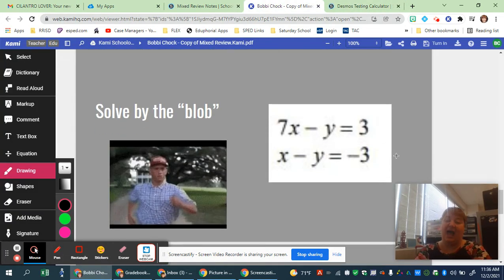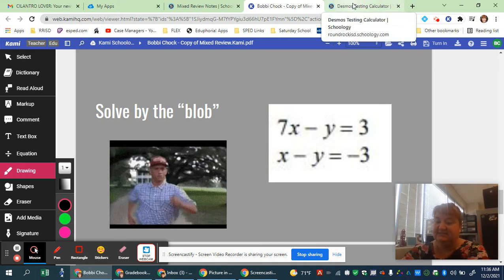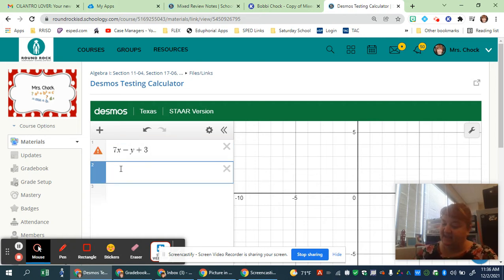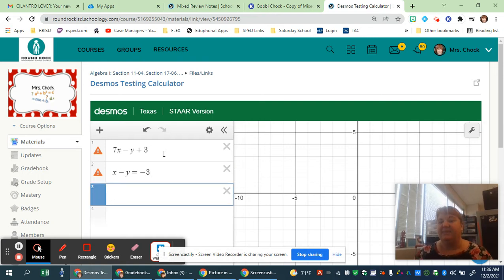Now, if I put in 7x minus y equals 3 and x minus y equals negative 3, watch what happens. It won't graph it. See how there's an error? Because it's not in y equals form.